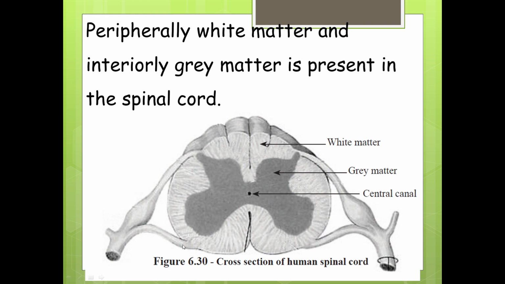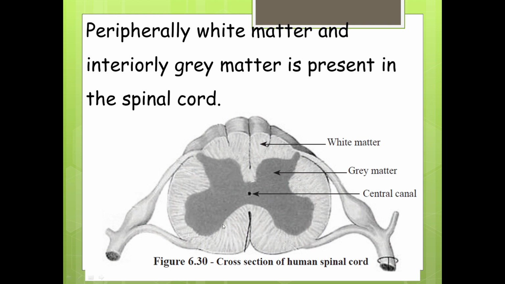You can easily identify the dorsal root because there's a small swelling in the dorsal root. We call it the dorsal root ganglion. With the help of this dorsal root ganglion, you can identify the dorsal root.